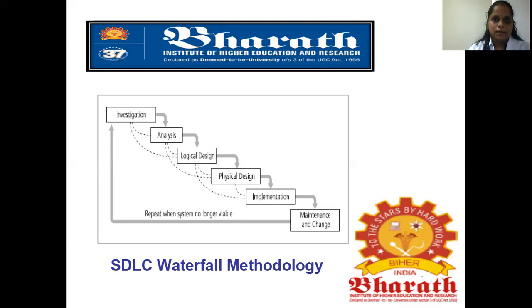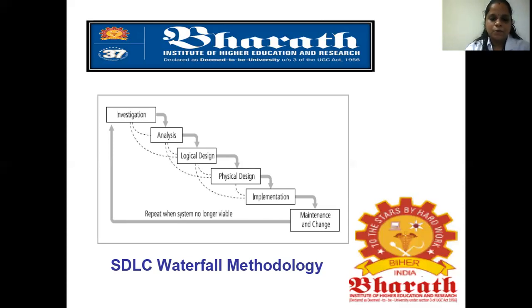As I said earlier, this must be done in a proper way, and in each and every phase a feasibility study is done. In the diagram itself, you can see "repeat when no longer viable." That is, in every stage a feasibility study is done. If it is not viable or not feasible, it can be called off and moved to the previous section.